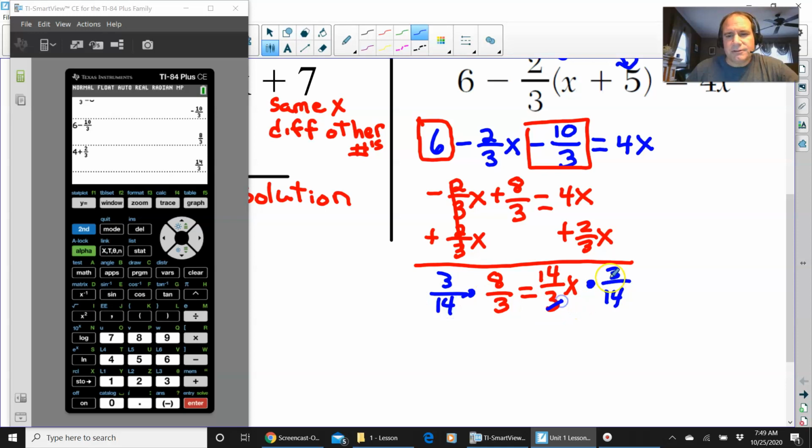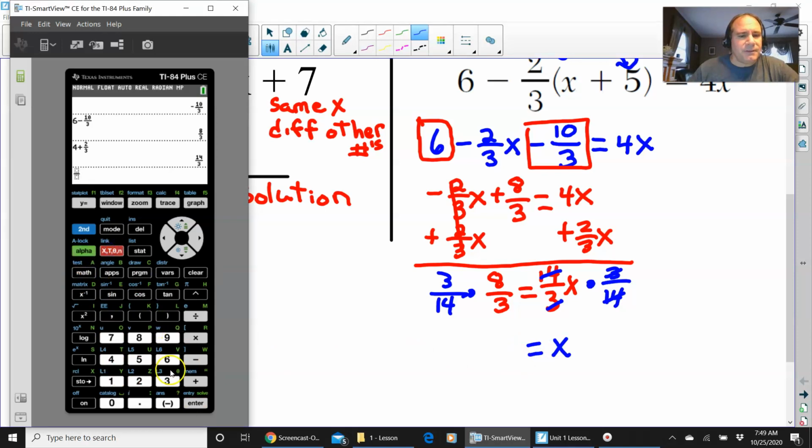When you multiply by the reciprocal of a fraction, the numerator and the denominator of the second fraction cancel out, and you have x. So now I'm going to press alpha x, 3/14, times alpha x again, and it's 8/3.